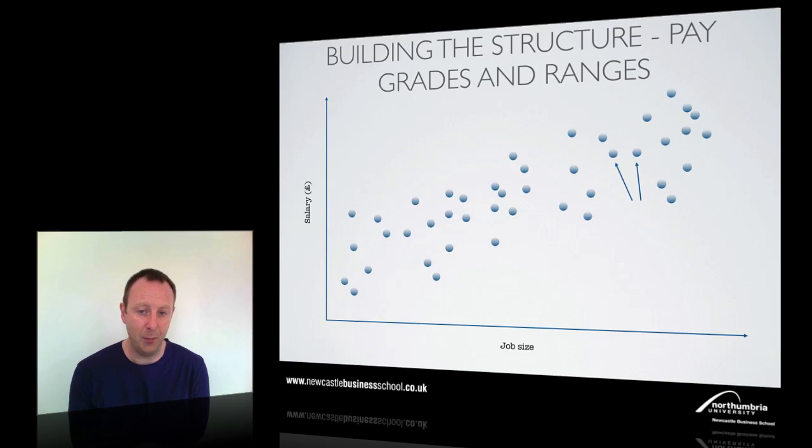Where should the boundary be between one grade of job and the next? So we can use all kinds of tools, and there are computer-assisted tools for helping us work out groupings of jobs in our structure in this way. But ultimately, we need to make a judgment about where those cut-off points should be.